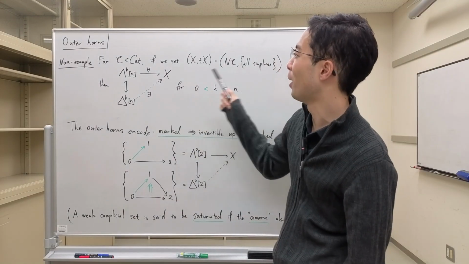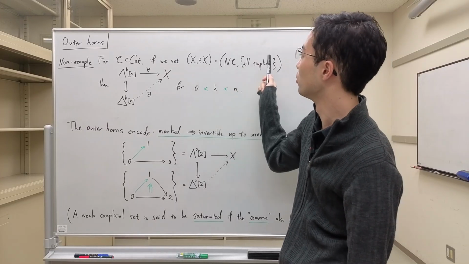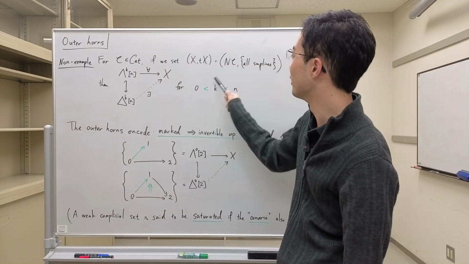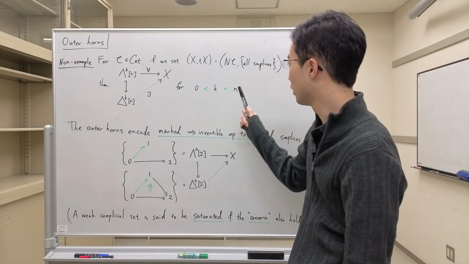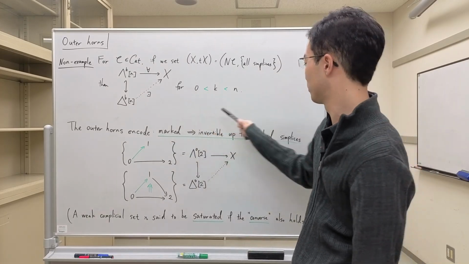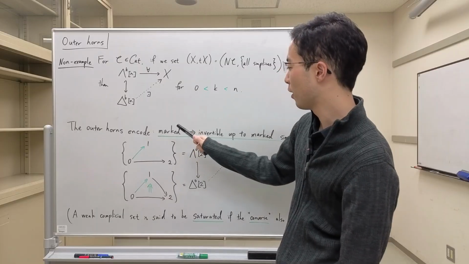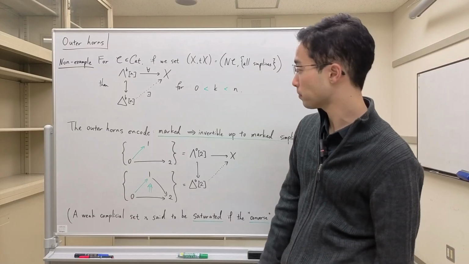So somehow we are doing something that we are not meant to do, but in this range we can't see that problem. So the outer horns encode this implication that marked simplices are invertible up to marked simplices.